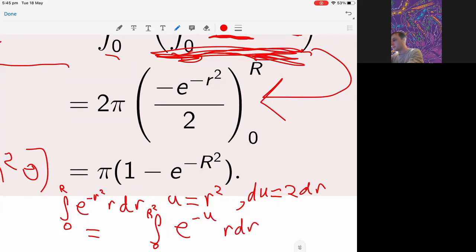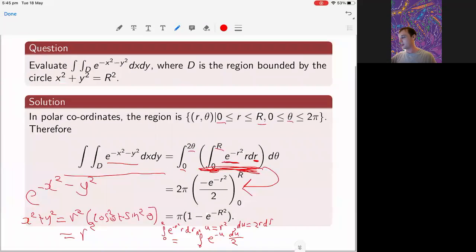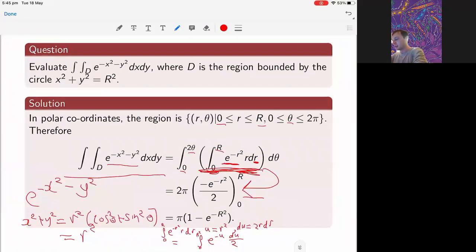Sorry, I missed an r here. And that's something I actually know how to integrate. And so that's how I would get this particular line here.